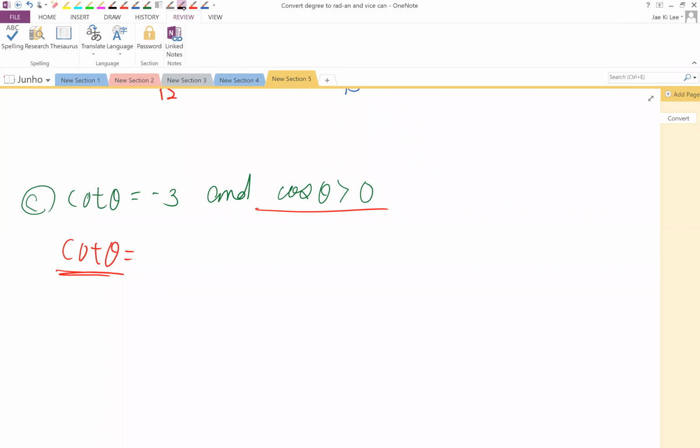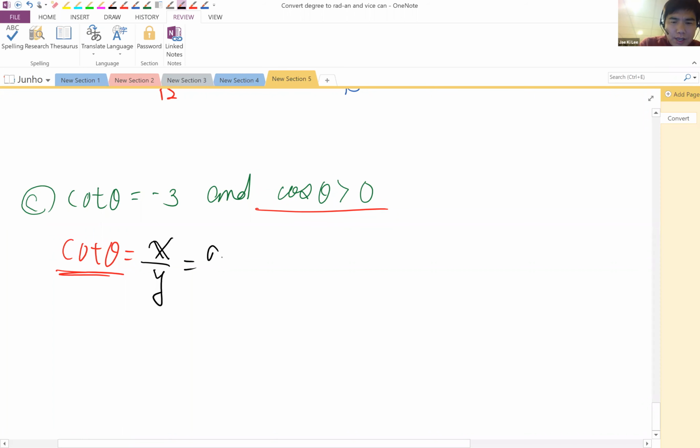Is it x over y? Yes, x over y, right? Or adjacent over opposite, right? So that's cotangent.